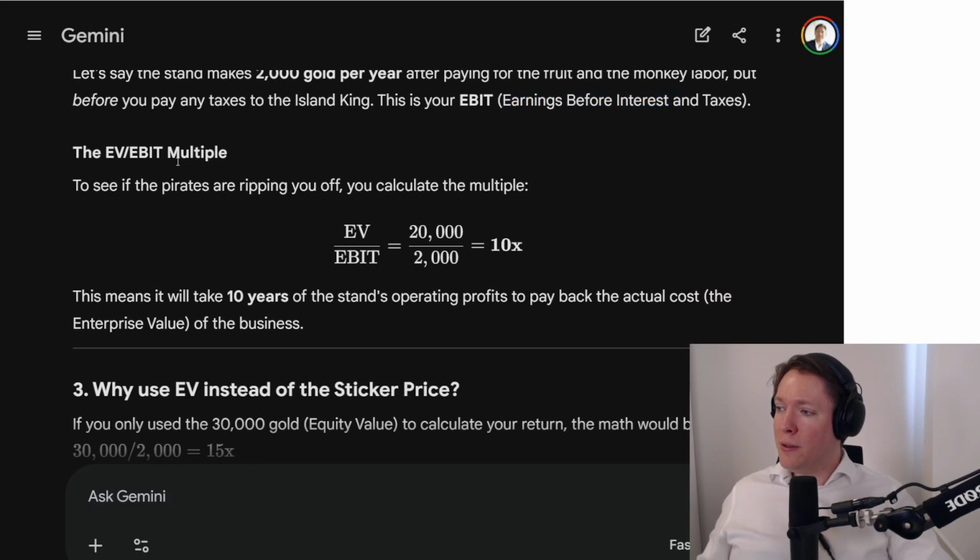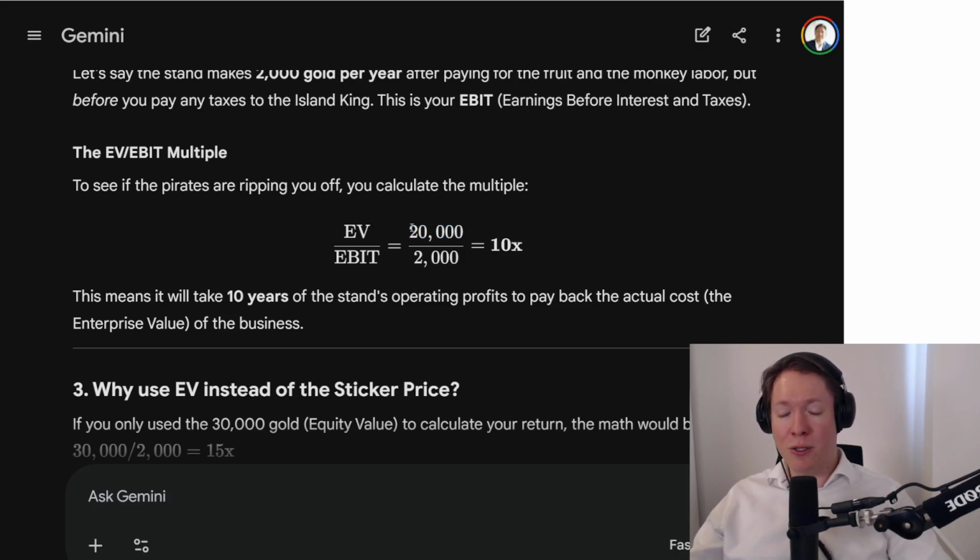The multiple, so this is kind of how much the business price is compared to the profits before taxes and so on. So to see if the pirates are ripping you off, let's see what the multiple is. It's 10x because we effectively paid 20,000 for the business.